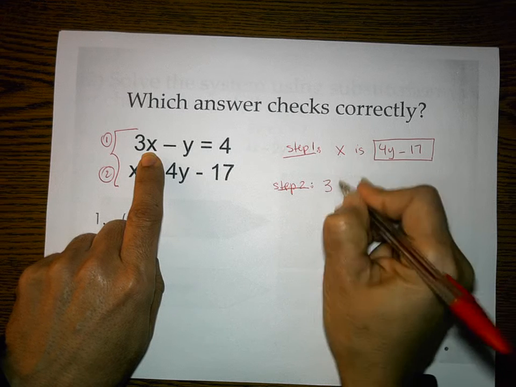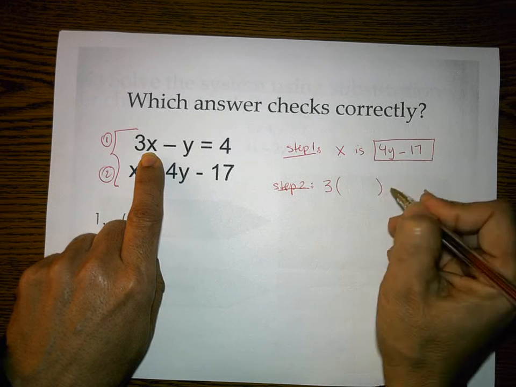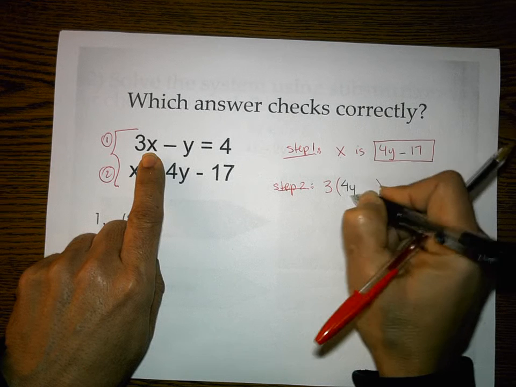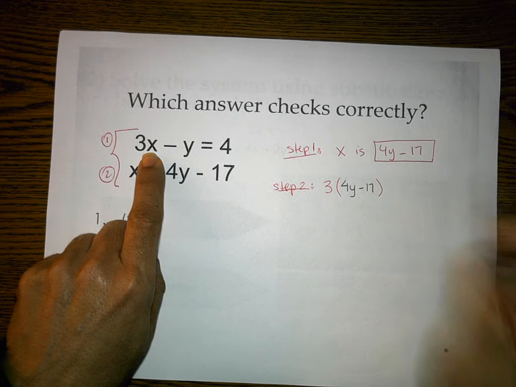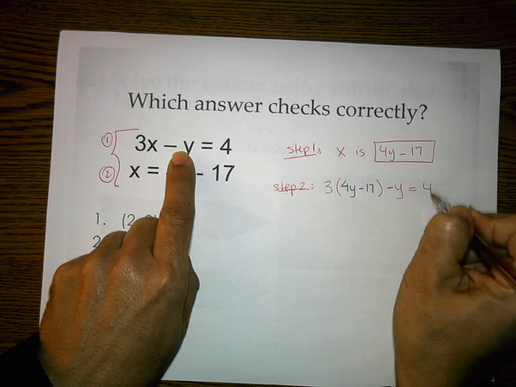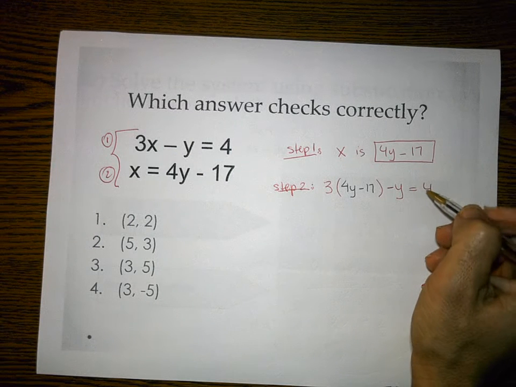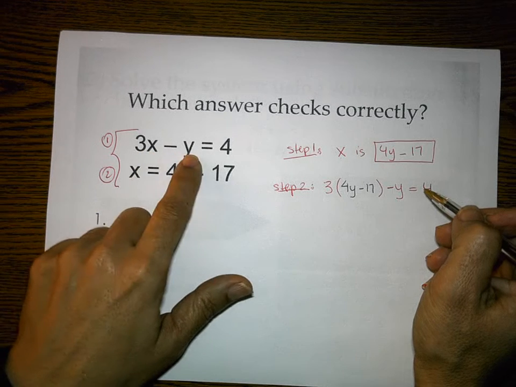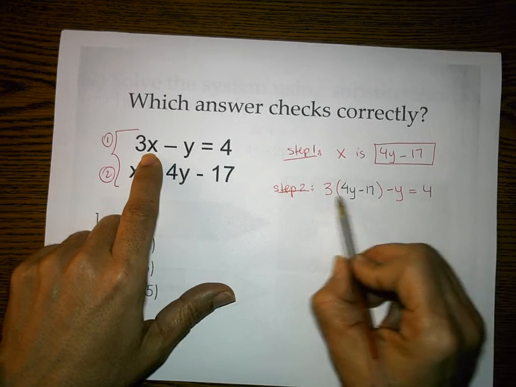So 3 times, I'm going to open a parenthesis, because instead of the x, I'm going to write 4y minus 17. Minus the y that was already there equals 4. As you can see, I grabbed equation number 1 that had x's and y's, and I rewrote it with just y's.